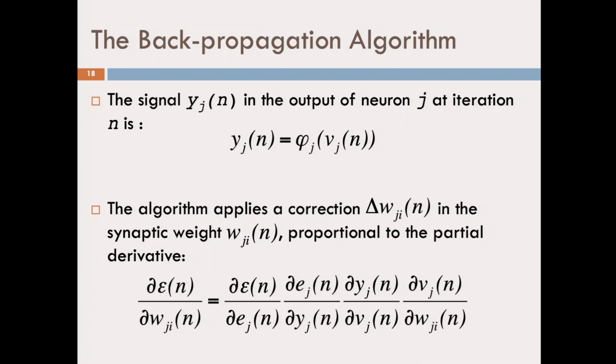So consider one neuron: the output is computed by taking the linear combination of inputs and weights and using it as the argument to a nonlinear activation function.